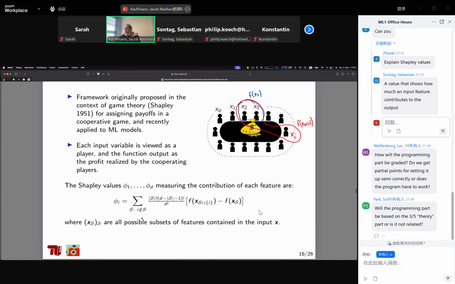So what you need to compute is this weighting term that only depends on the size of the coalitions, right? And evaluate the function with the variable i and without the variable i.